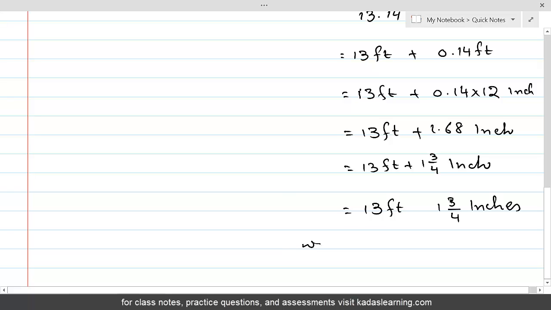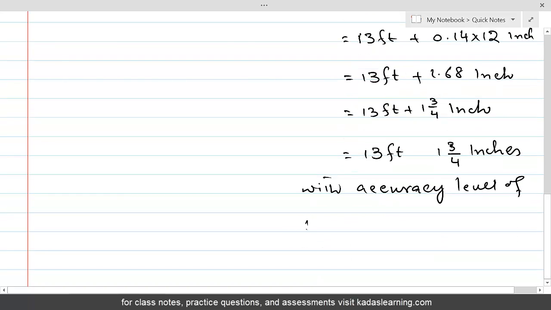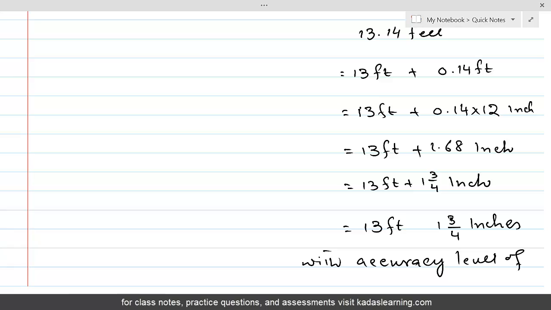With an accuracy level of 1/4 of an inch. For any number to be accurate to 1/4 of an inch, there are only 3 markers: here, here, and here.